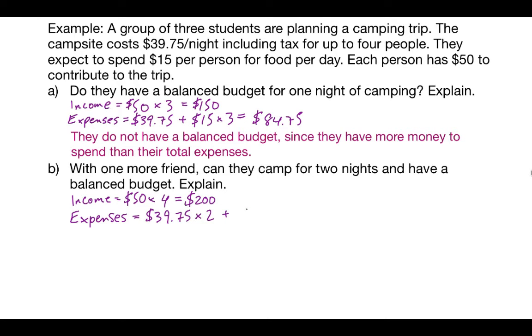And then it's $15 per person times 4 people, but times 2 days. And so now if we work out the total there, it would come out to $199.50.